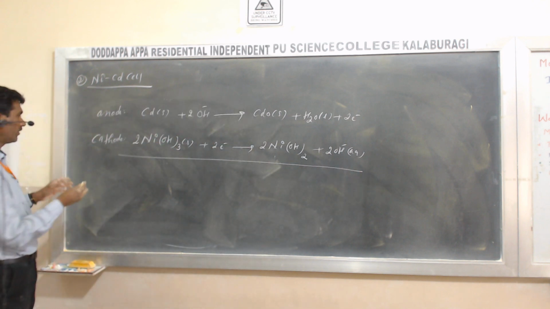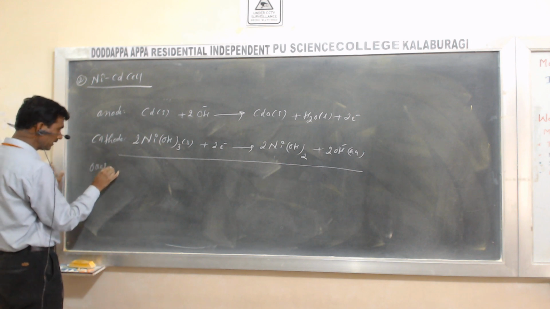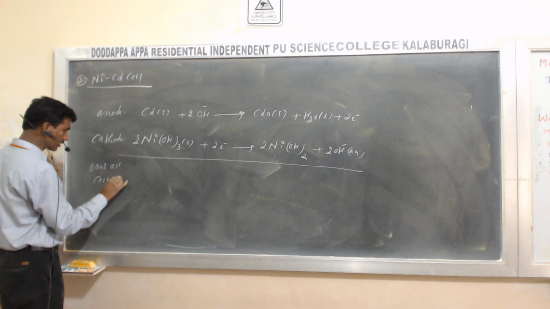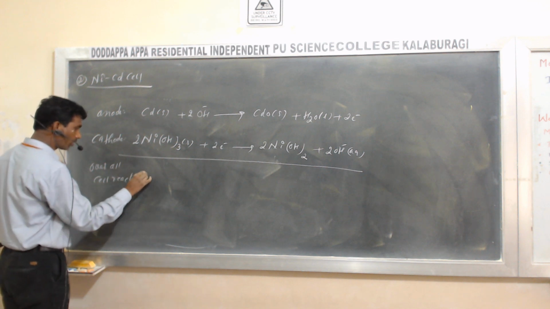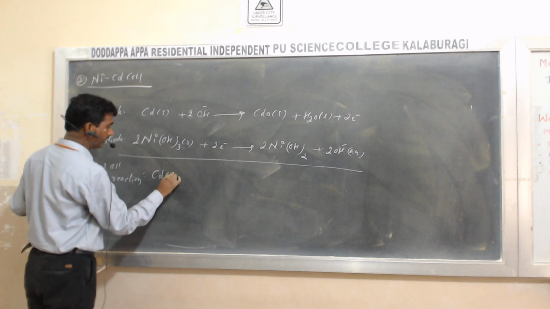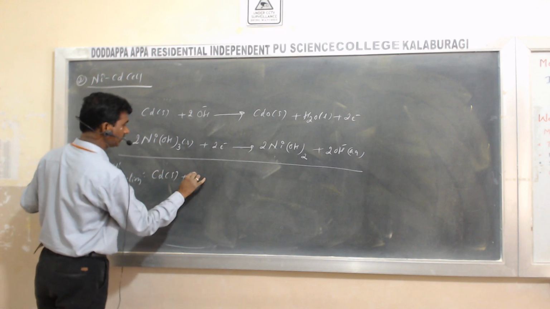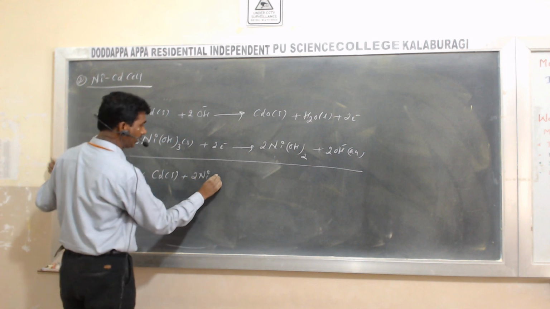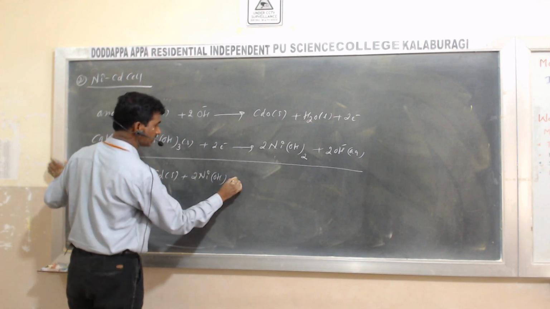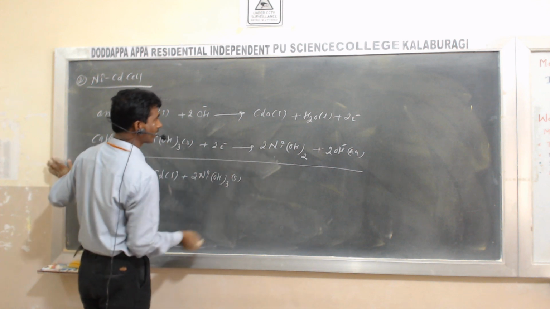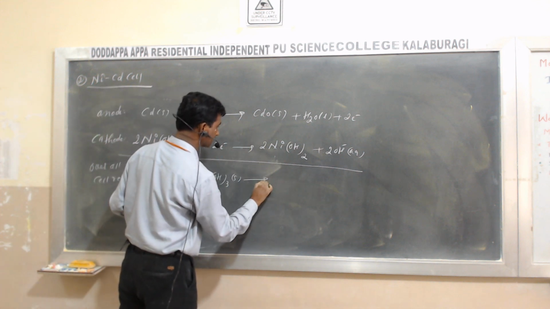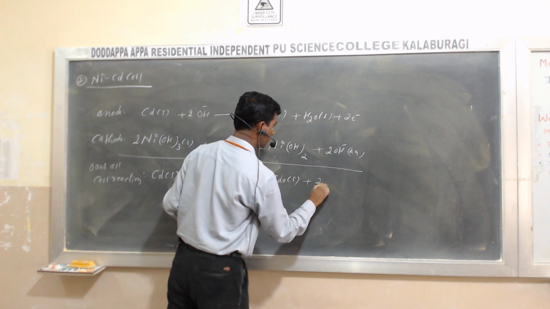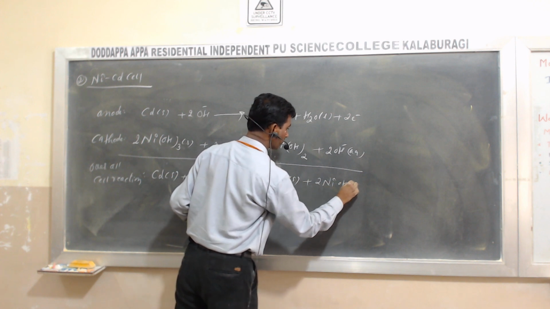Once you know the anodic and cathodic reactions, the overall cell reaction is very simple. Solid cadmium on the left-hand side, plus 2Ni(OH)3 solid. The 2 electrons are common, and the 2OH gets cancelled, giving CdO and 2Ni(OH)2, and water is left.